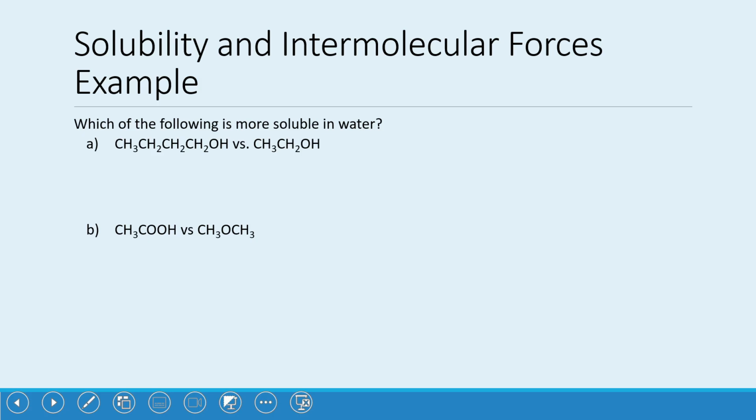Okay, so we're going to go through a few examples where we look at the solubility based on intermolecular forces. So in this first example, we are looking at which of the following is more soluble in water. Okay, this is based on the carbon chain length. So if you remember from our topic on intermolecular forces, the longer the chain length gets, the more nonpolar it is, right?